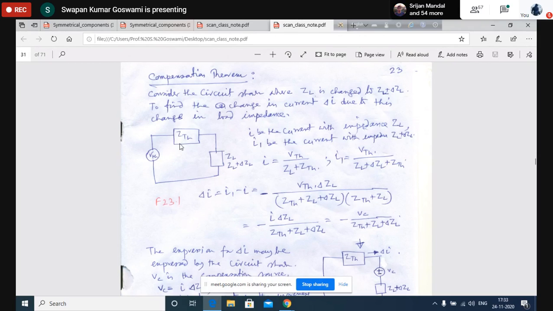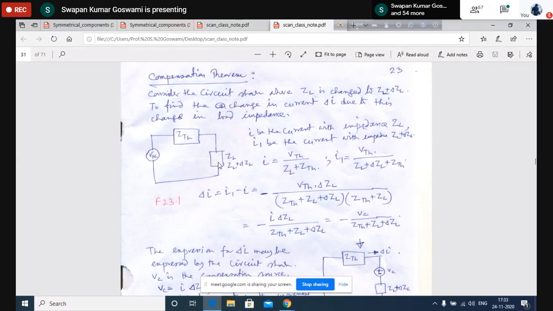Say this is the circuit whose Thevenin voltage and Thevenin impedance are known, and in this circuit we are connecting a load impedance of value ZL. Immediately you can find out the current flowing through this circuit.